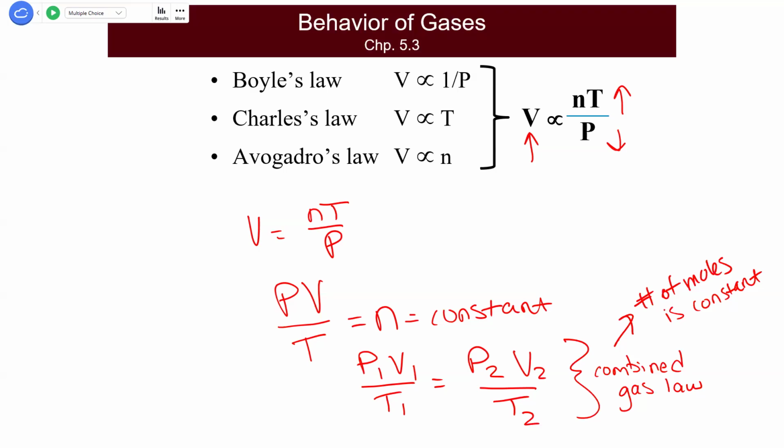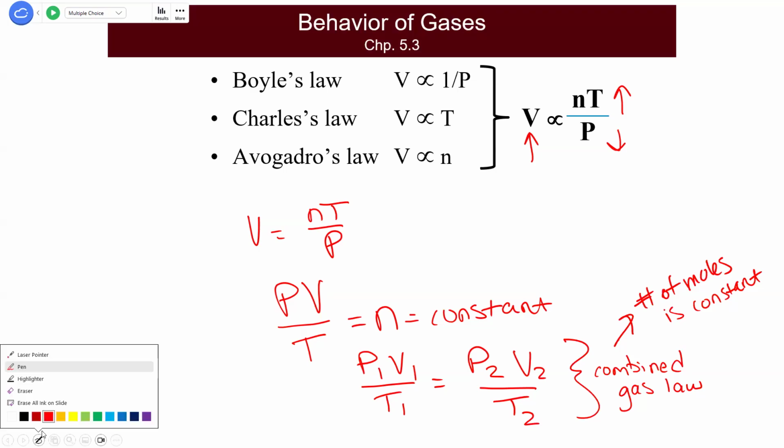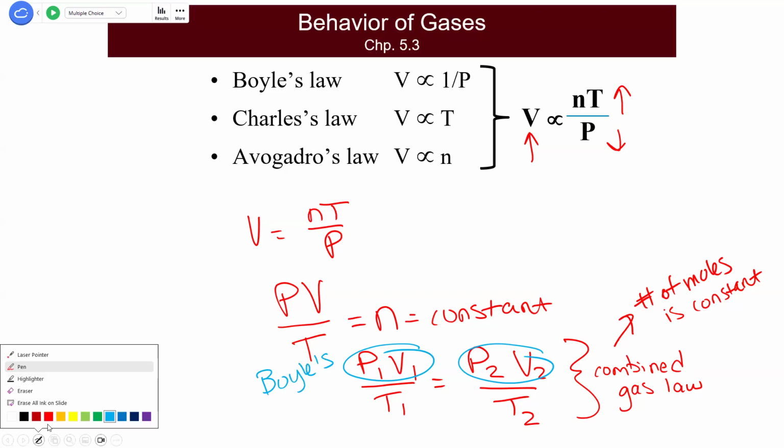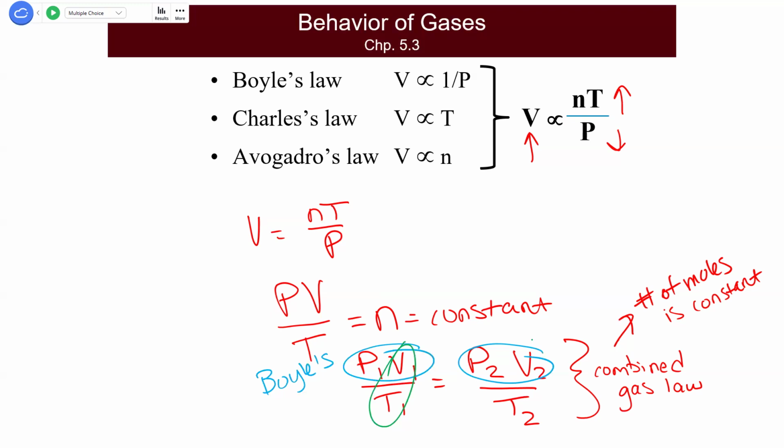If you're looking for Boyle's law and Charles's law, you can see that Boyle's law is right here, and Charles's law is right here. So if you just remember the combined gas law, you still have all of the broken down gas laws in your system as well.